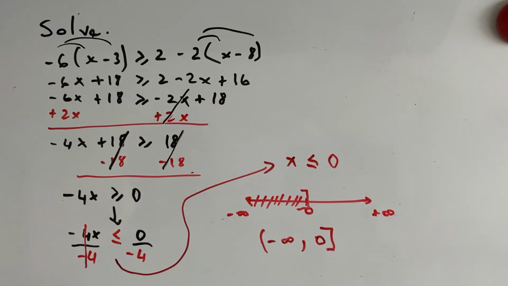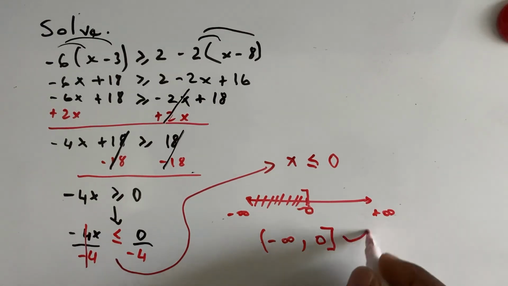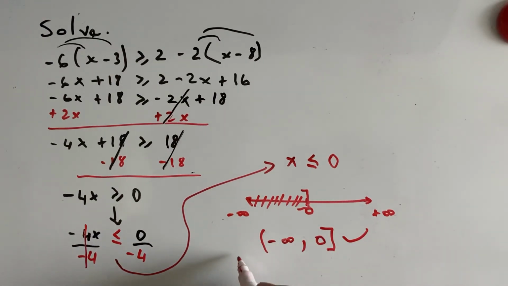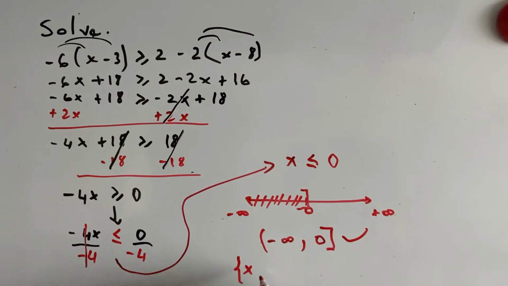Now there's another way to present the answer, which is set builder notation. So this is one way. Set builder notation would be something like this, like saying x such that, and you put the answer, okay? X is less than or equal to 0. So for set builder notation, you actually define your answer, or you don't just give the answer, but you give x.